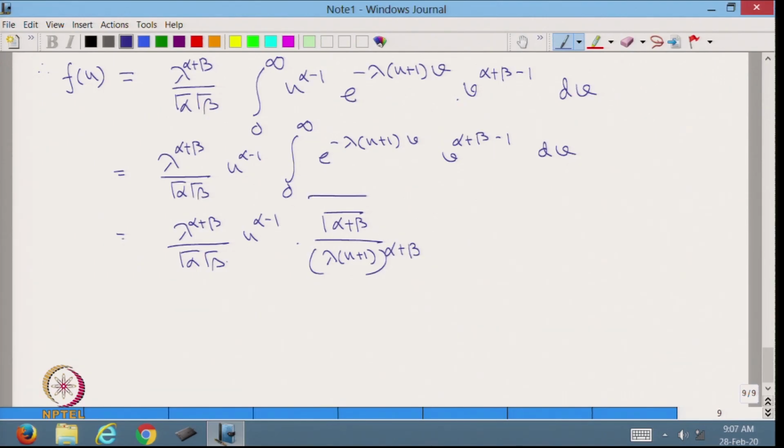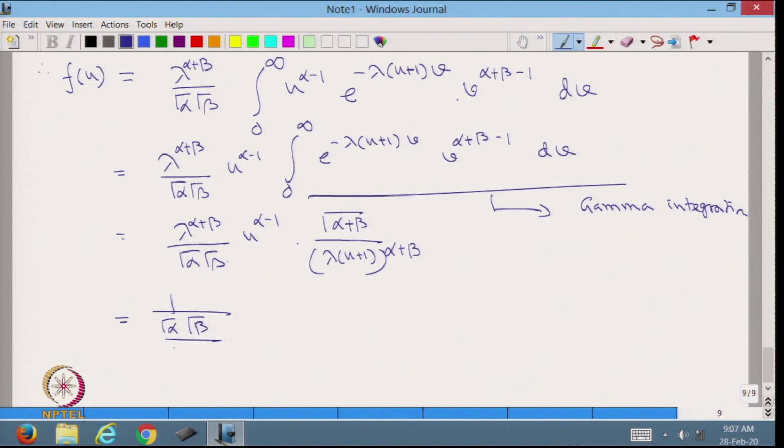This is because this is our gamma integration, and this result we have seen many times. This is equal to 1 upon gamma alpha gamma beta, gamma of alpha plus beta, and lambda power alpha plus beta cancels.